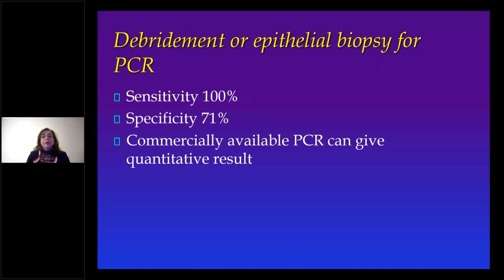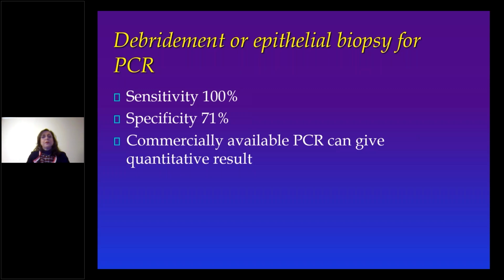And the way to differentiate is by quantifying the amount of virus. If it's a high level, then it's likely to be an active infection. If not, then it's latent. And a commercially available PCR can give you quantitative results of the amount of viral amplification.